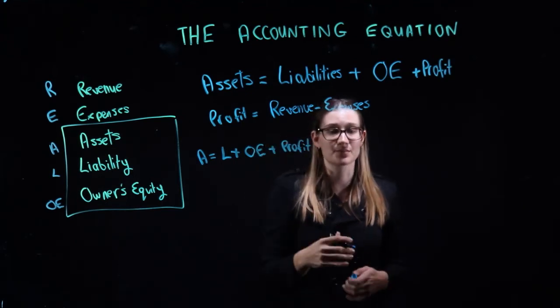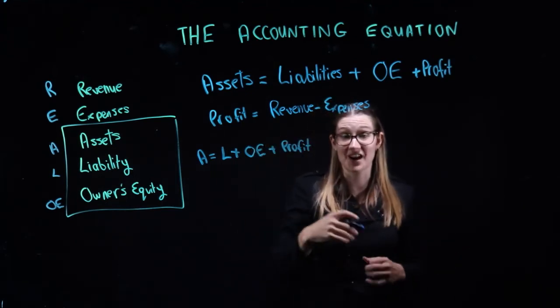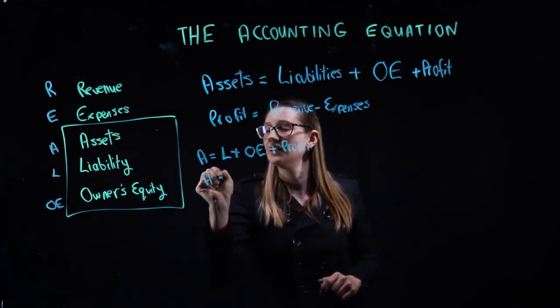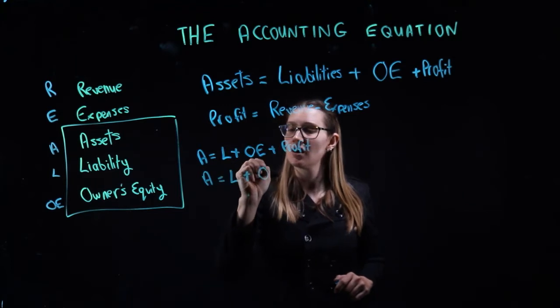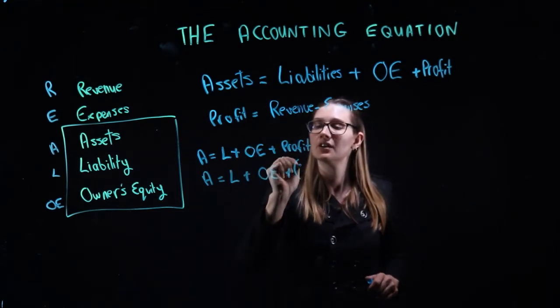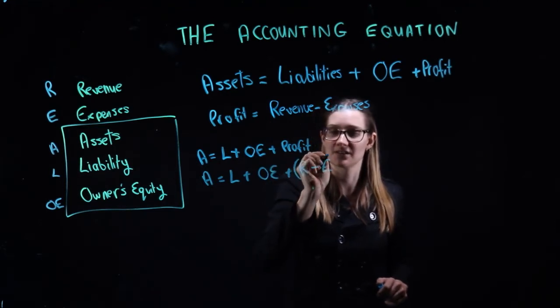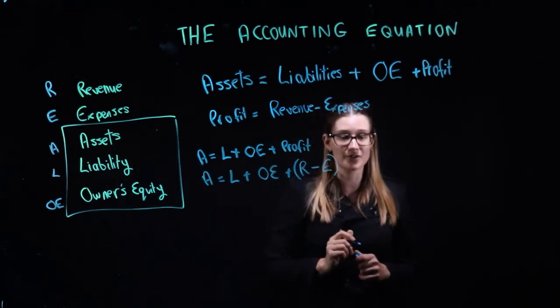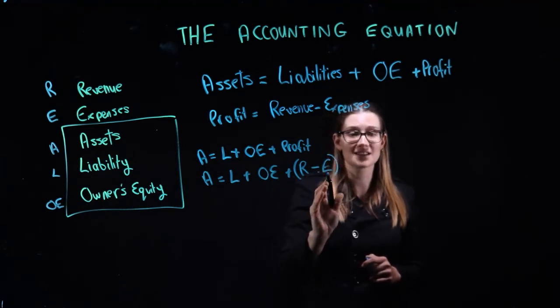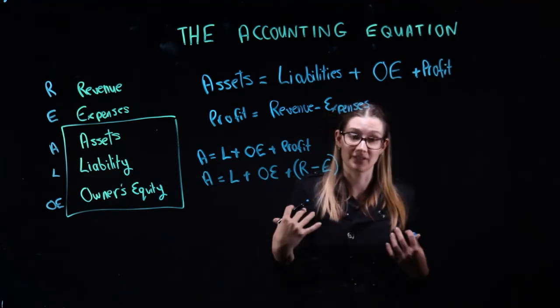But I want to express each of the accounts to show what they would look like. So instead of profit, I'm going to go assets equals liabilities plus owner's equity plus my equation for profit, plus revenues minus expenses. Everything I own is equal to what I have borrowed, plus what the owner has contributed, plus the money that I have earned from running my business.